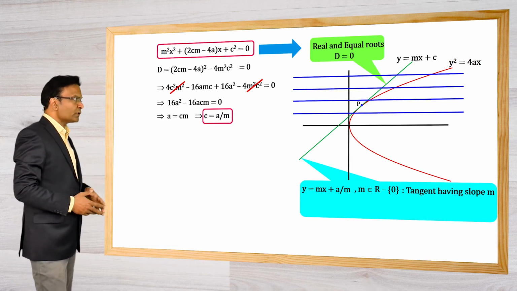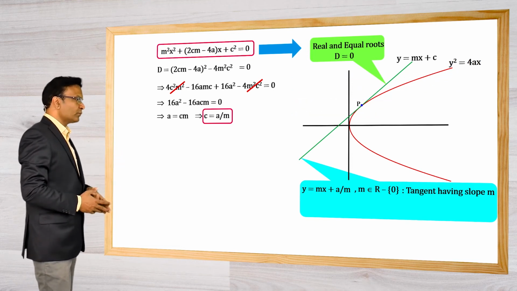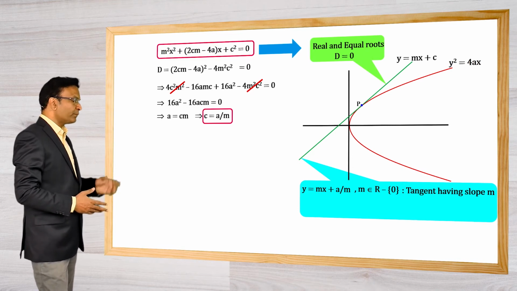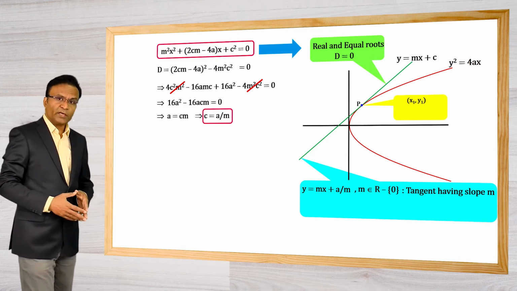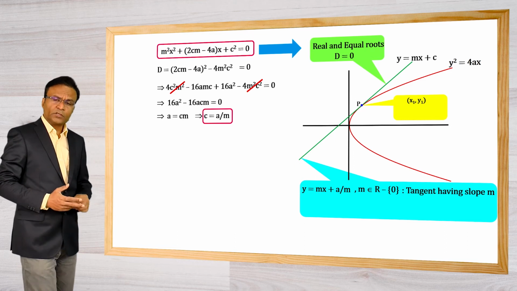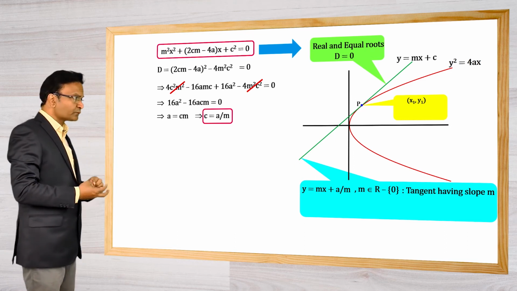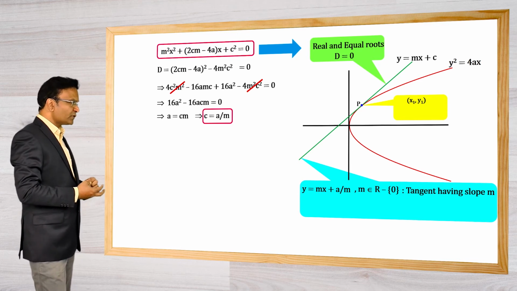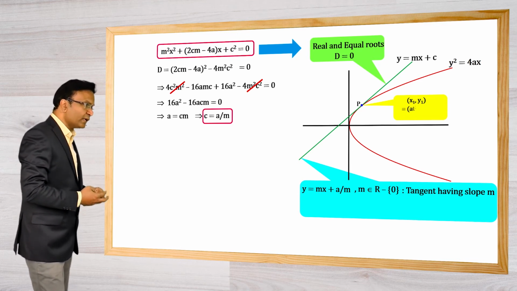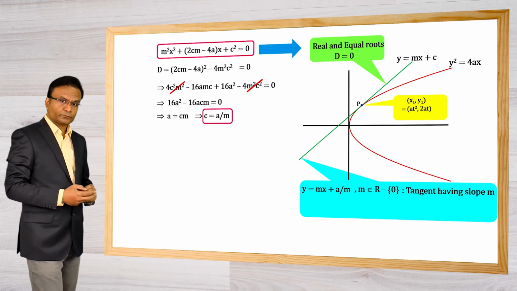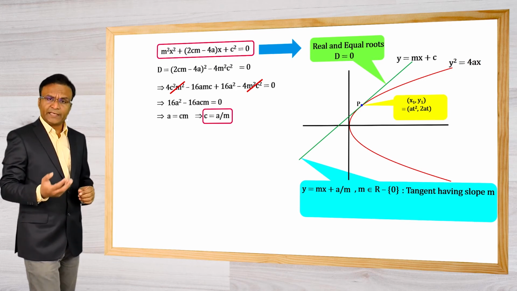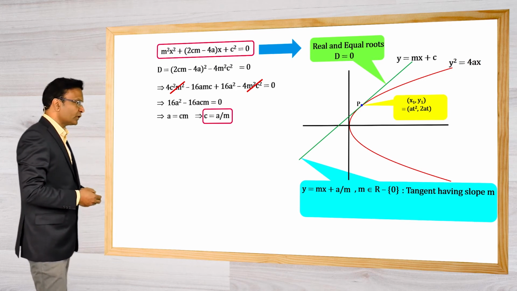Now suppose the coordinates of this point of contact, point P, are x1 comma y1. Also we know the parametric coordinates for this parabola. For this we have a t square comma 2at, where t is the parameter.